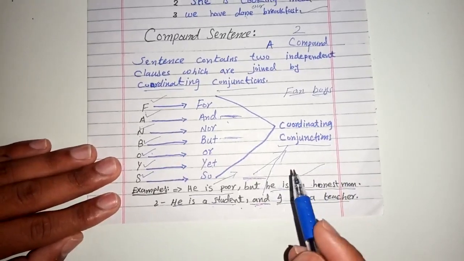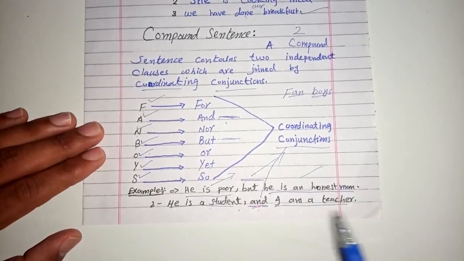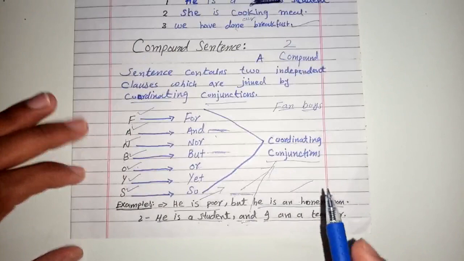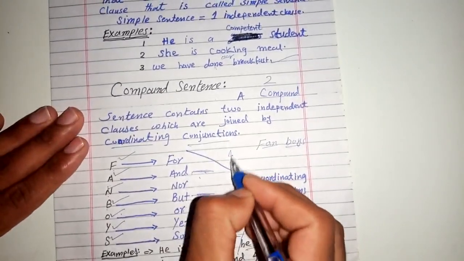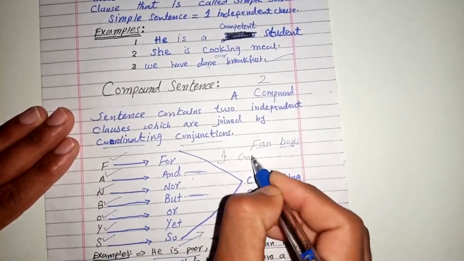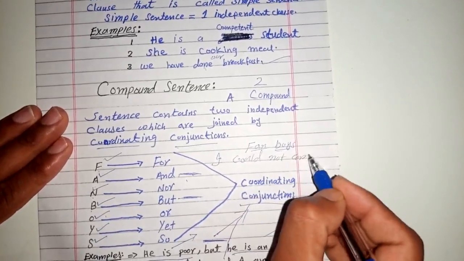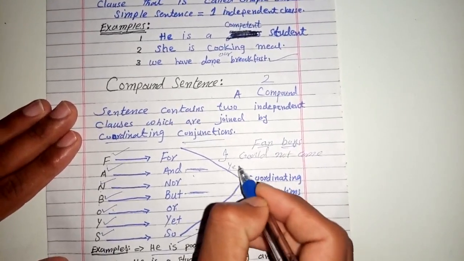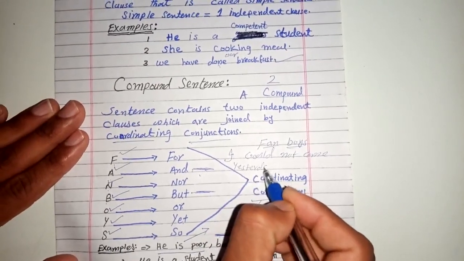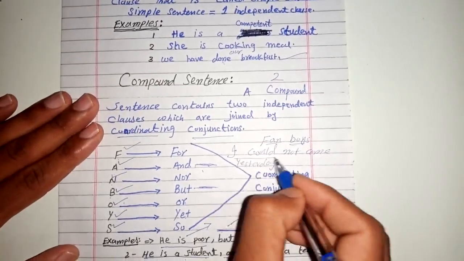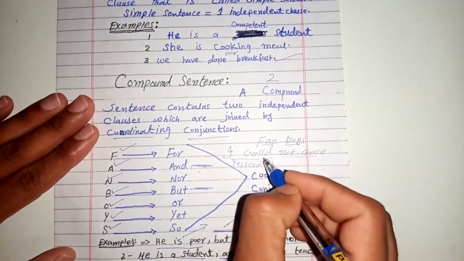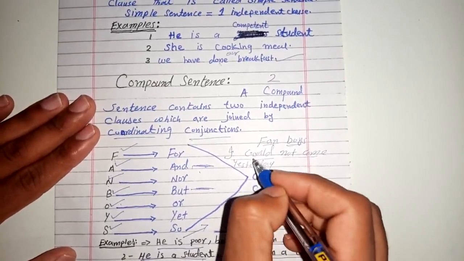So guys, if I say I could not come yesterday for I was ill. I could not come yesterday, this sentence gives complete meaning. It's an independent clause.